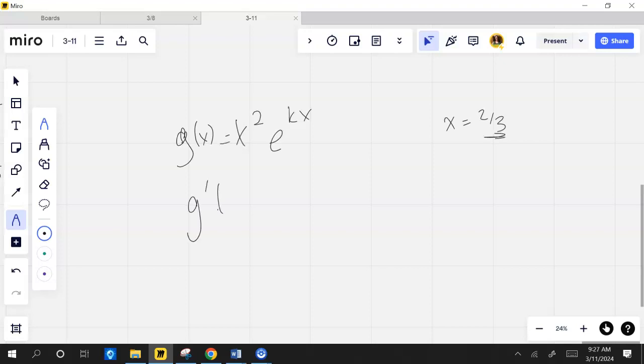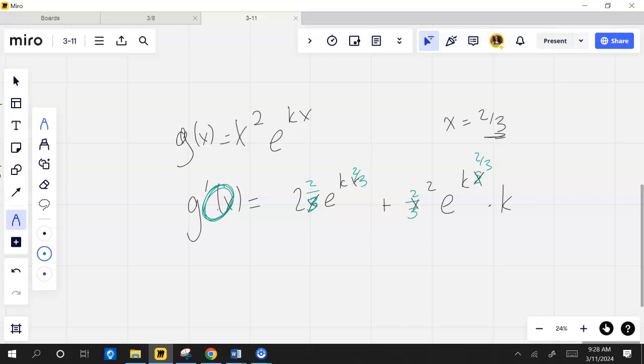So derivative of the first times the second plus the first times derivative of the second, and I do have to chain this because that e has an exponent there. And so what I did at this point was I went ahead and said, okay, I know it's going to be 0 at a critical point, and I'm going to plug in 2/3 for every one of these x's. 2/3, 2/3, 2/3, 2/3.